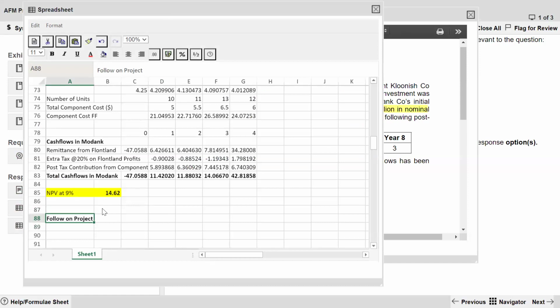What are the few things that we would be needing? Let's just try to see. You need to have the present value of the cash flows expected.